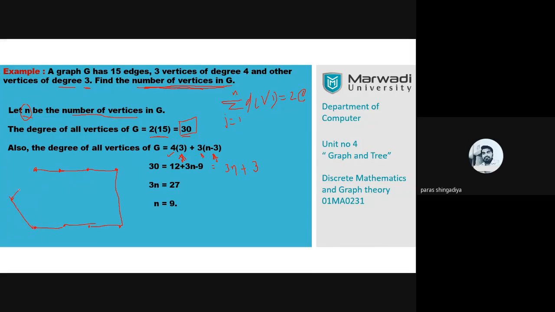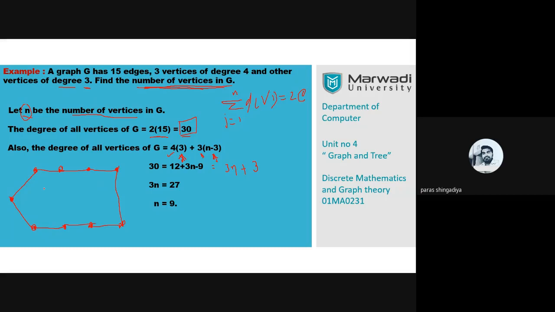So by using the boundary, what do we have to justify? The degree of all vertices becomes 2. Clear? And now you have to add some more edges here, which make the degree of all vertices right. Okay? What is the degree of all the vertices right now? It is 2.